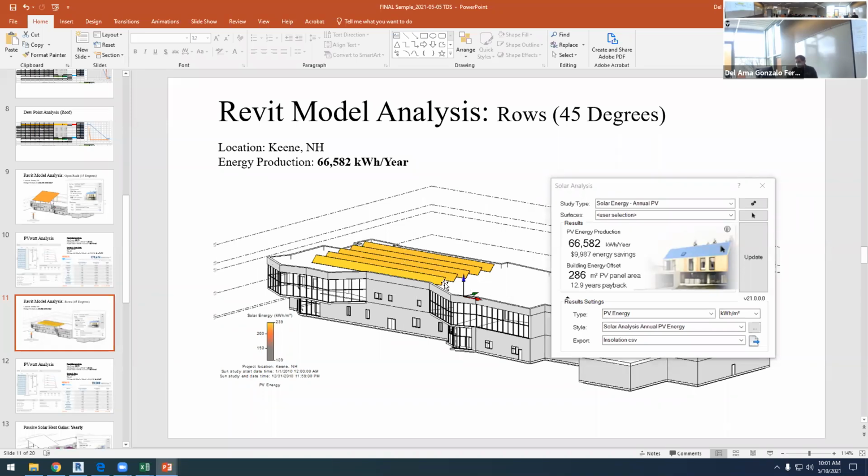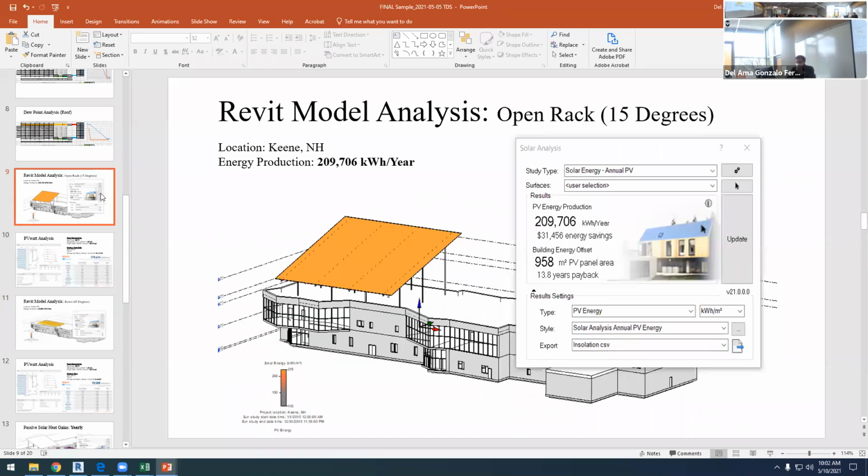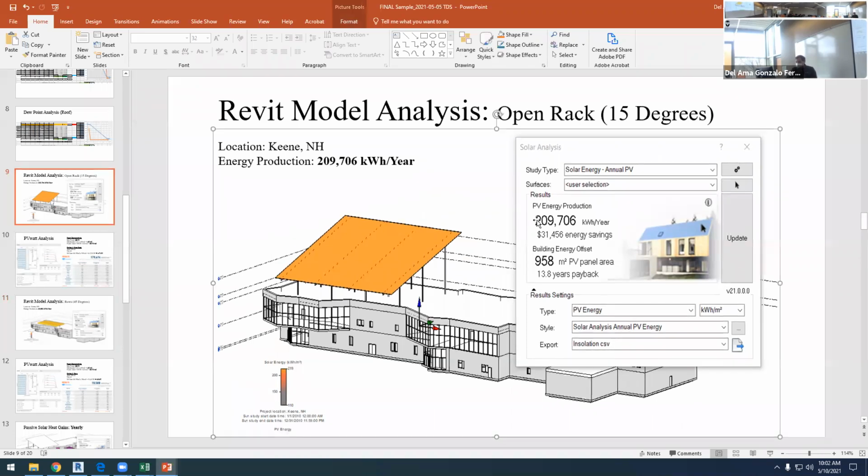And this option should be anything from 35 to 45 degrees. And then you have to compare these two options. And we can compare the total production.